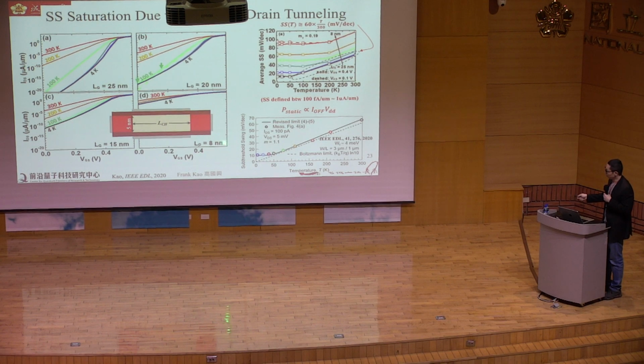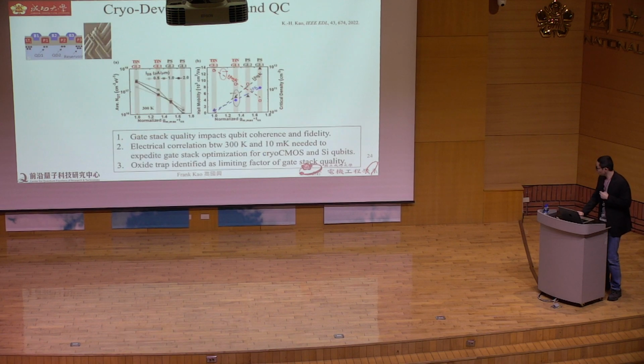But if your channel length is too short, 8 nanometer for example, your subthreshold current is hard to modulate by your gate, even if you decrease your temperature down to 4K. And then you extract the subthreshold swing, and you plot here. You see the subthreshold swing saturates at a very high value. This is not good news.